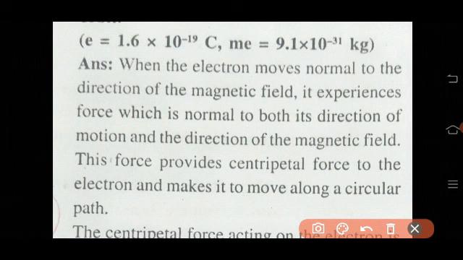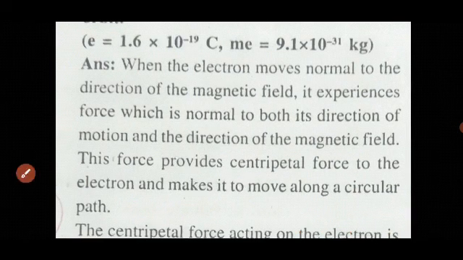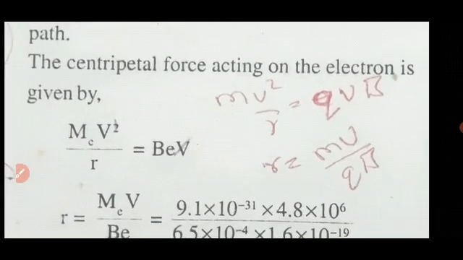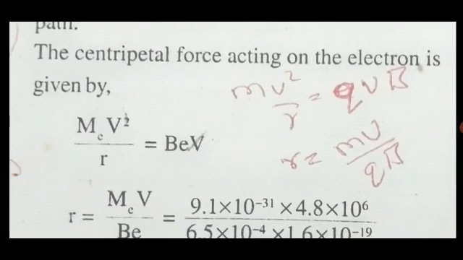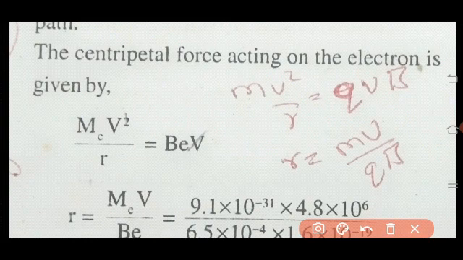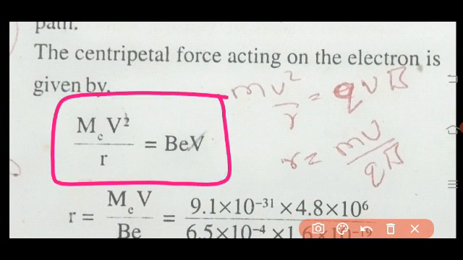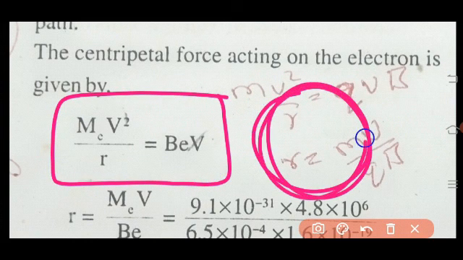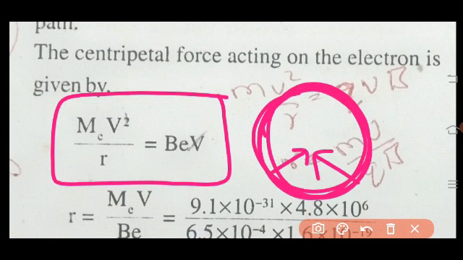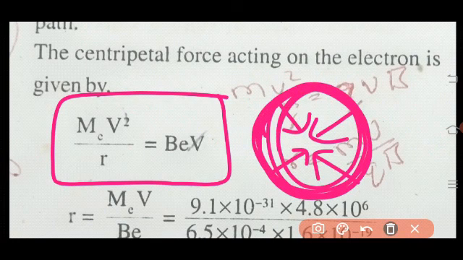So, in this problem, we should know this equation. When the electron moves in a circular path, the centripetal force is provided by the magnetic force.